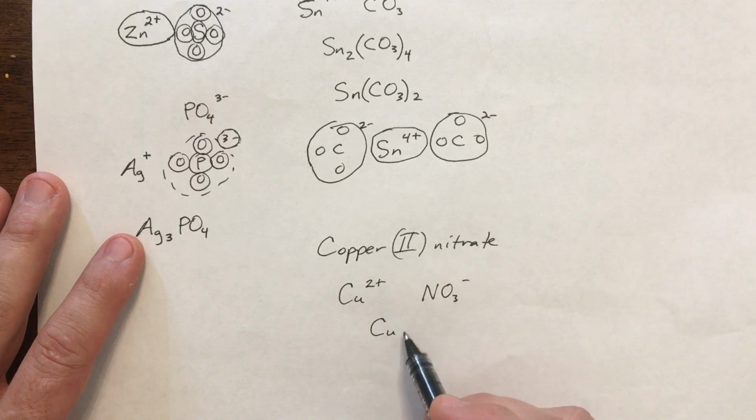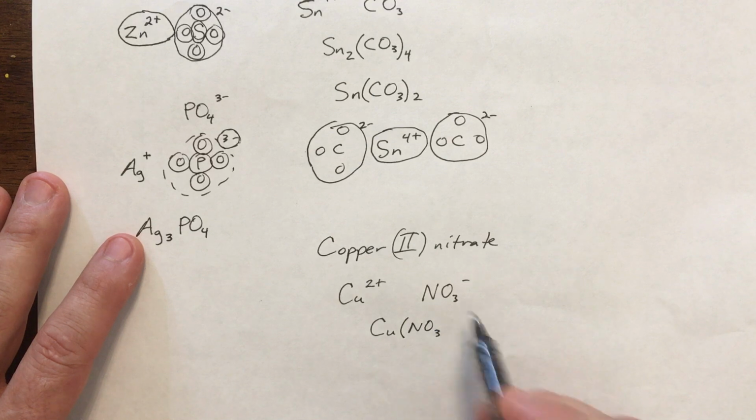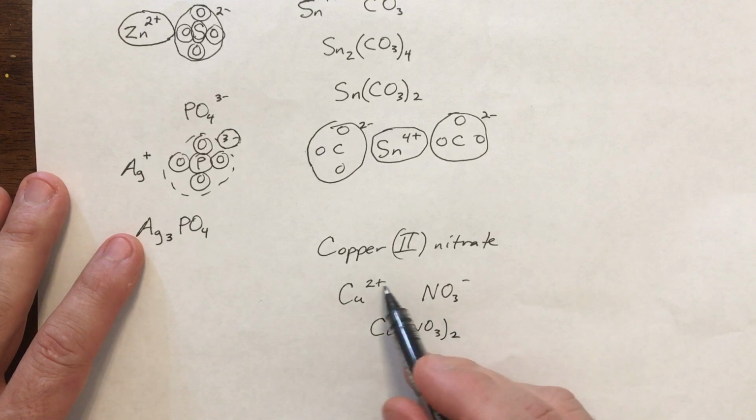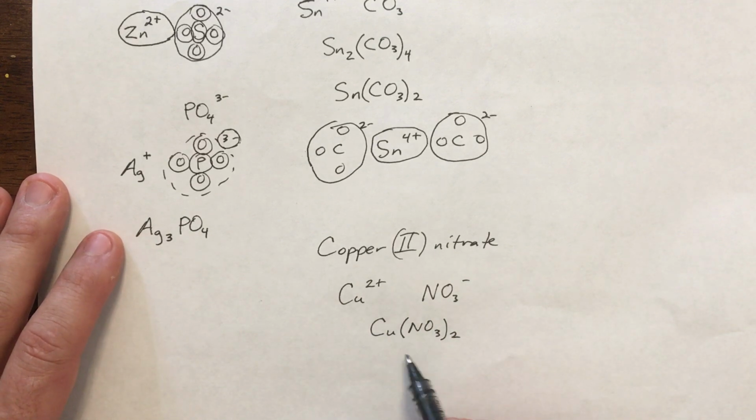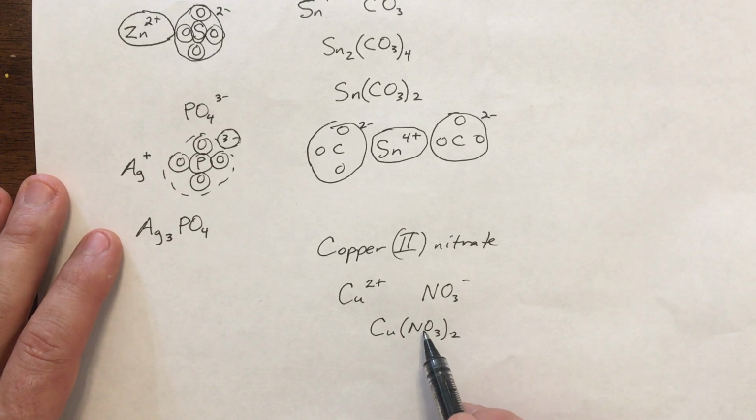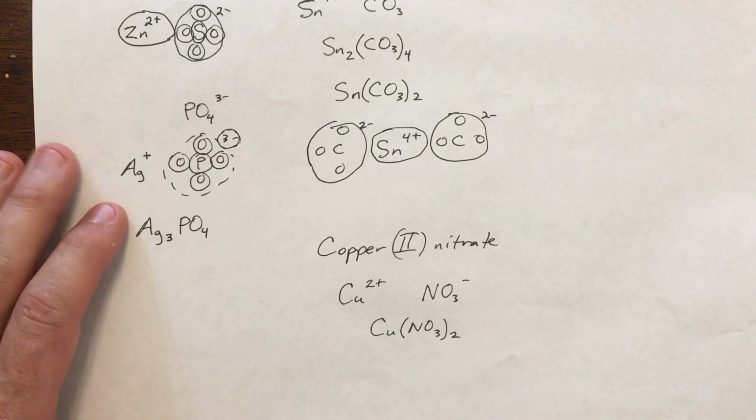So Cu, leave the 1 out, parentheses NO3, and this 2 comes outside from the copper. You have to have those parentheses because what you're saying is I have 2 of the nitrates. I don't fool with the subscripts on the actual polyatomics, so I'll always have NO3. I can't reduce that. So that would be copper 2 nitrate.